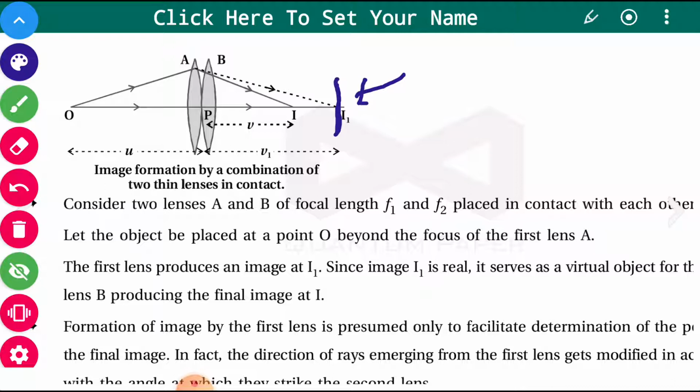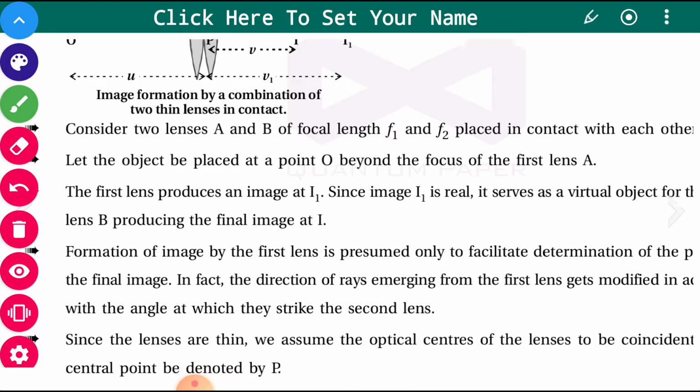If the second lens is introduced, then instead of I1 the image is obtained at point I. It means the image produced by the first lens, lens A, behaves as a virtual object for the second lens, and its final image is obtained at point I.